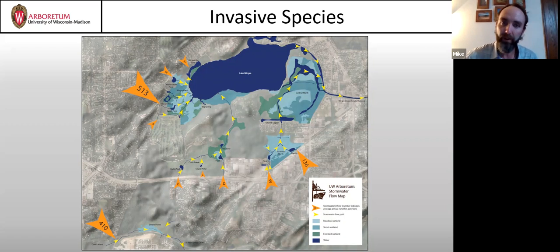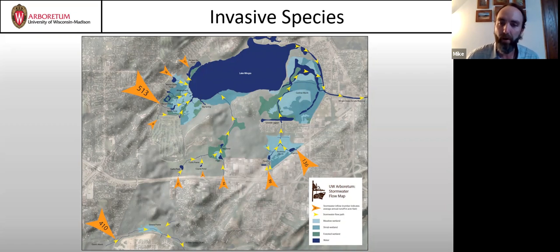As I said before, the core property is about 1,200 acres, a good portion of which is wetland or open water already. And so we're getting close to 1,000 acre feet of stormwater every year. So almost a foot for every acre of terrestrial land that we have.